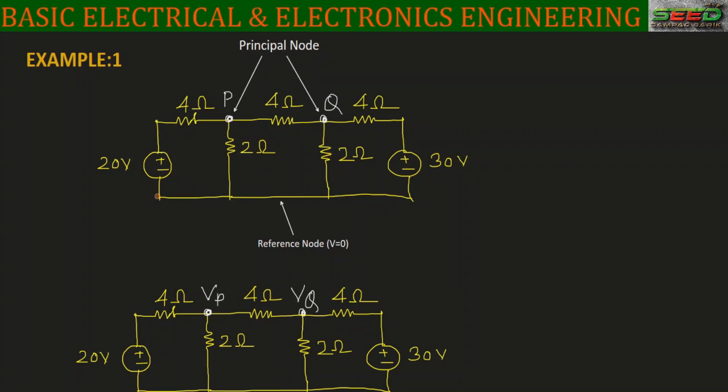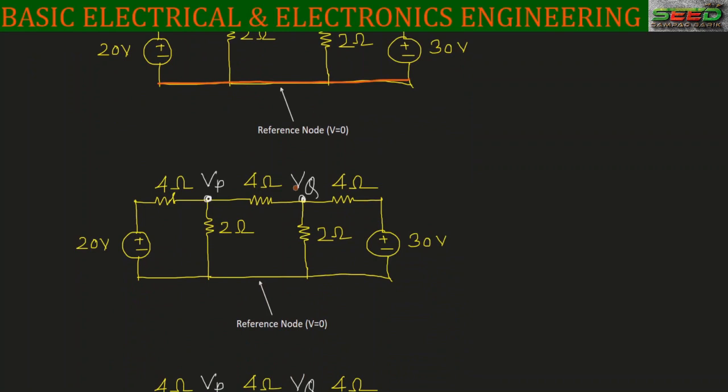This line is considered as a reference line where the potential of the entire line is 0, and it is called a reference node. Now the second step is to assign an unknown voltage variable for each node. So here I have assigned the voltage for point P as Vp and the voltage for point Q as Vq.